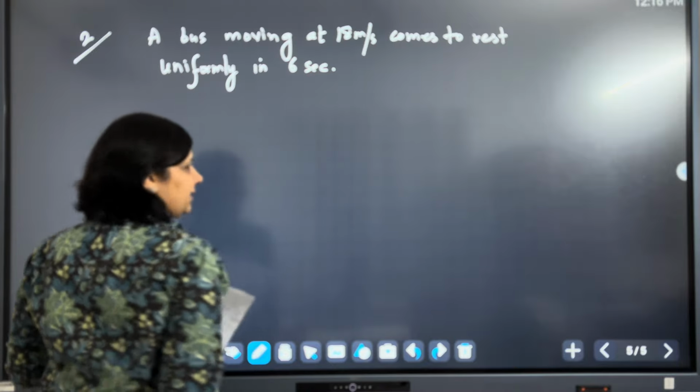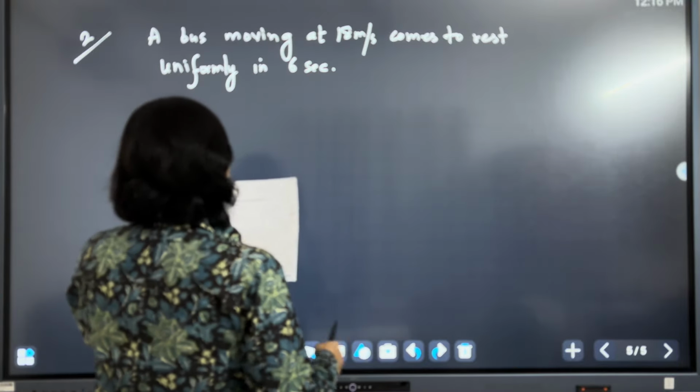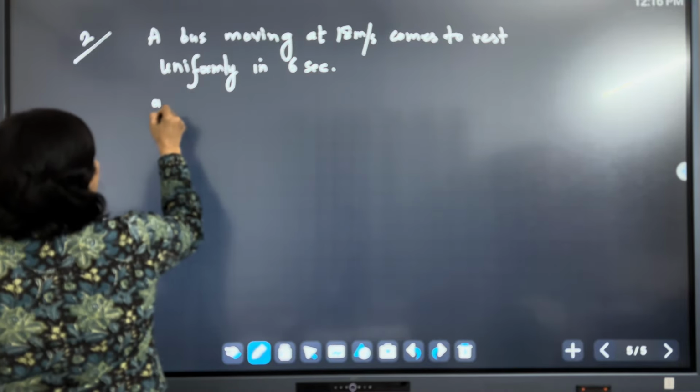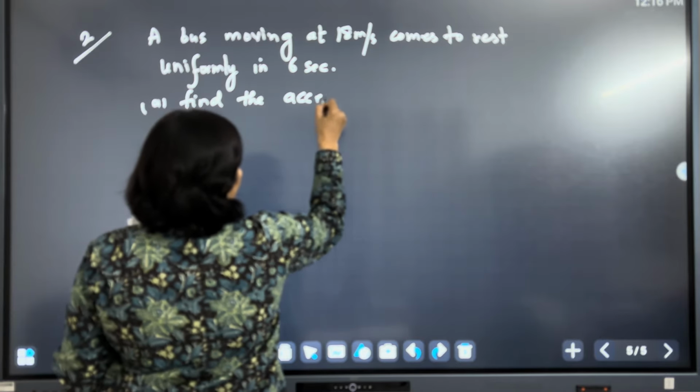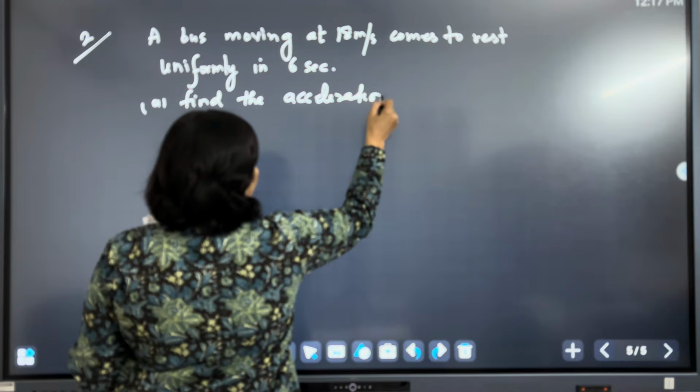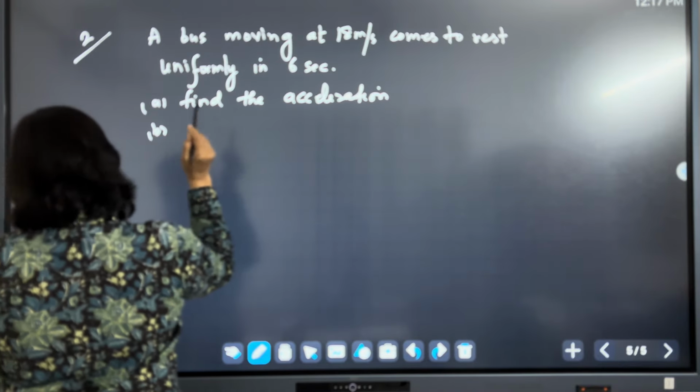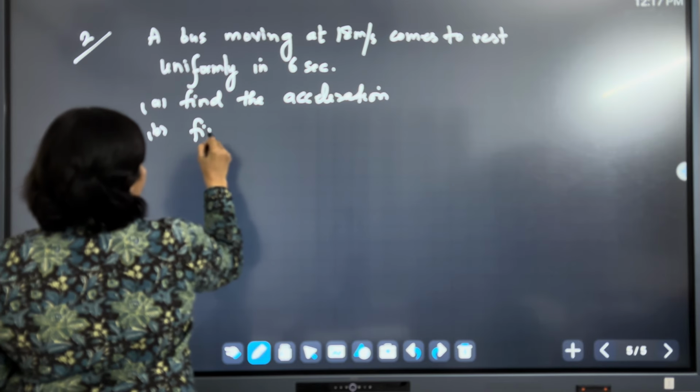Uniformly means the object is moving with a constant acceleration. Find the acceleration, and part B is find the stopping distance.